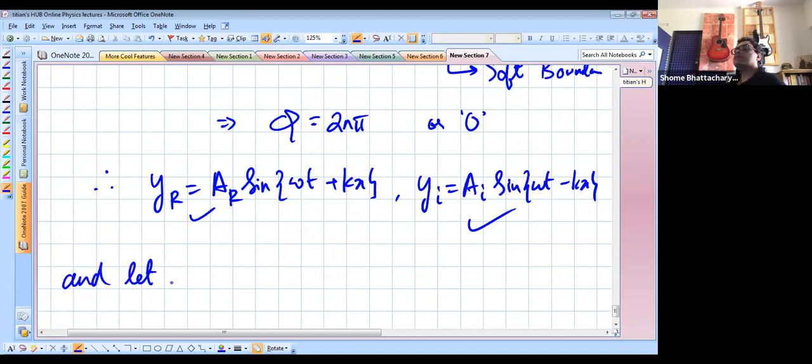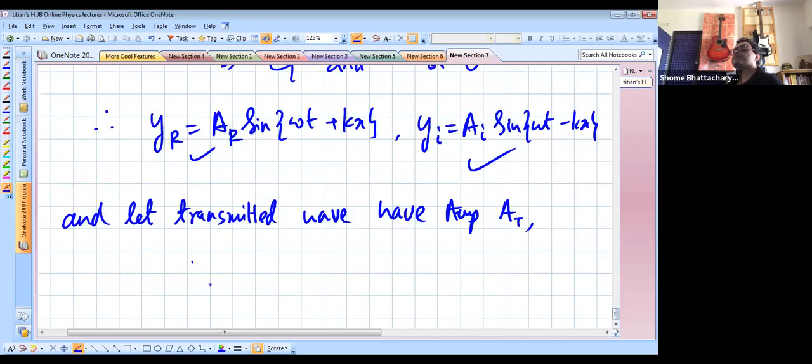And let the transmitted wave have the amplitude E transmitted. So its equation is some amplitude AT into sine, same omega but different phase constant, so let's say k prime.